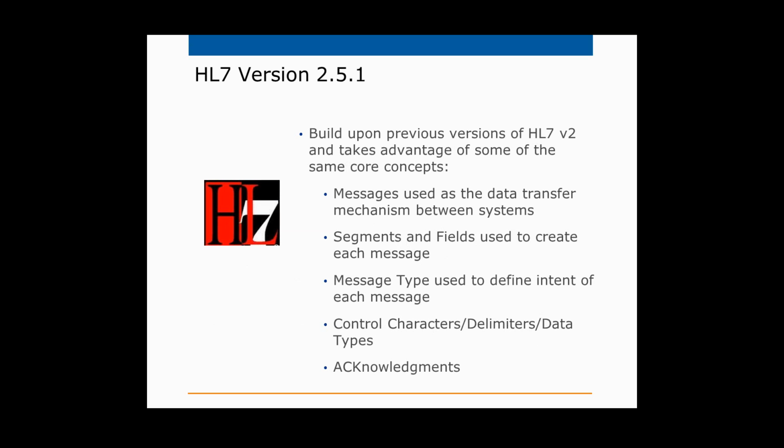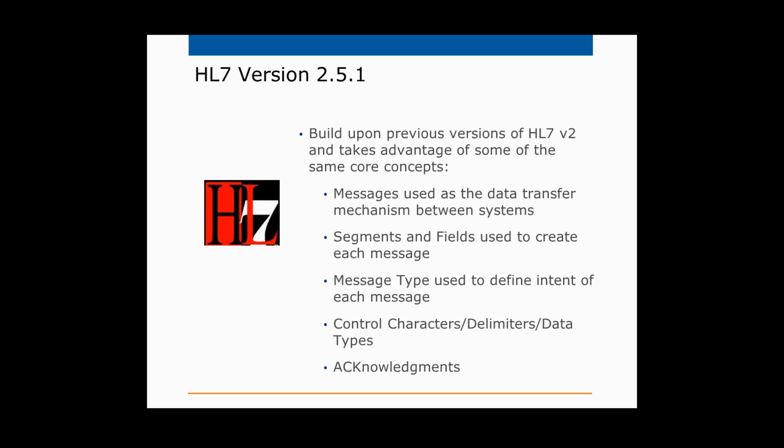So taking a deeper look at version 2.5.1, let's look at a little bit about how the standard is set up. As I mentioned, version 2.5.1 is built upon previous versions in the version 2 family, and it takes advantage of some of the same concepts that we see with version 2.3, for example.